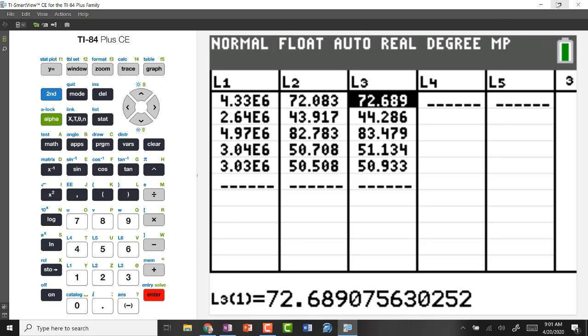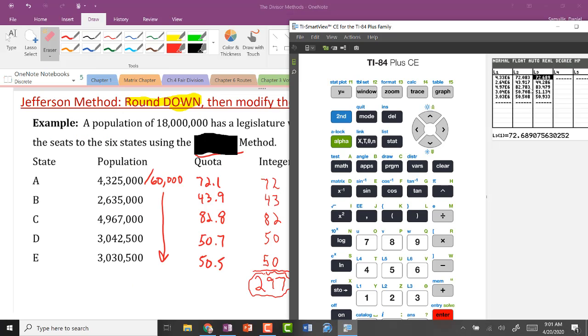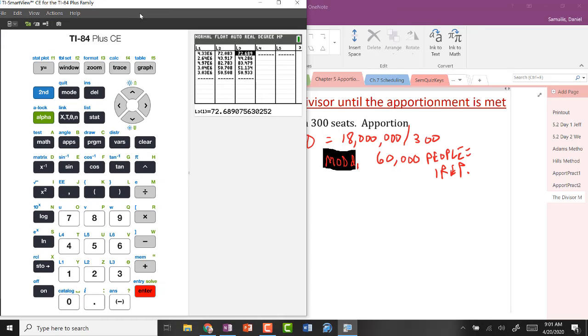Okay, now maybe a chance to be excited. Look at the original. So that stays at 72. 43 turns into 44.2. 82 turns to 83.4. That's 2 extra seats. Boom. Anyone? Shakalaka. 51.3. So I'm going to go ahead and write that one down.